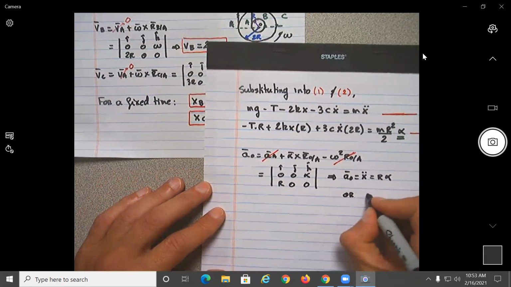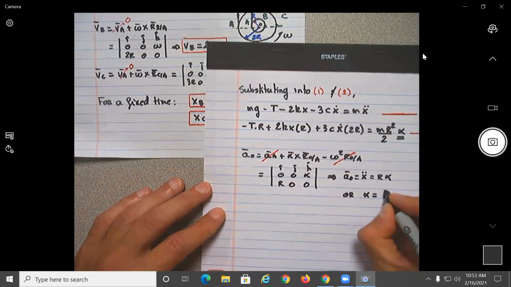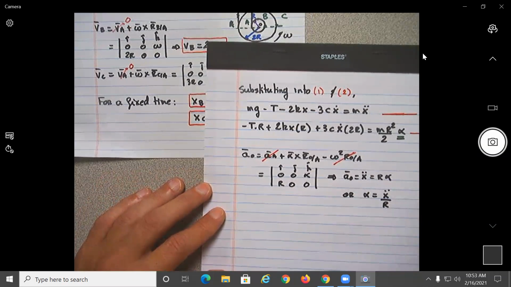Or you can just say that alpha will be equal to the x double dot over R.